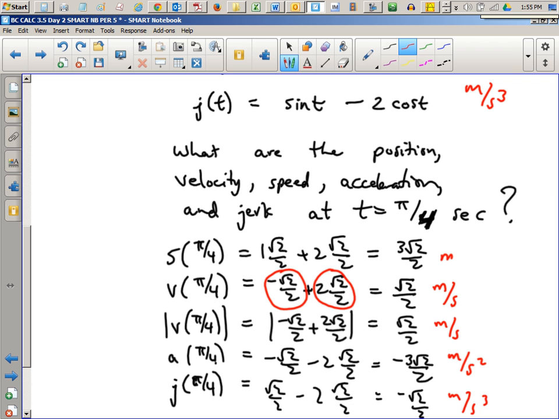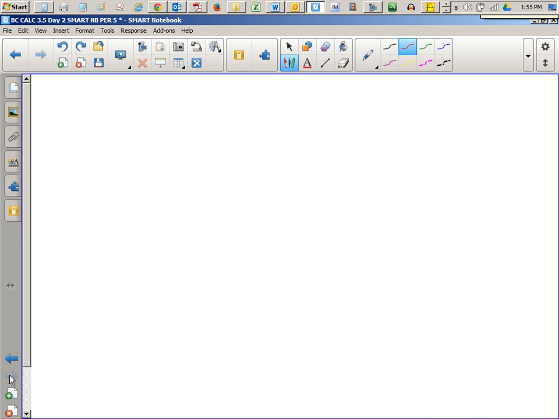And that concludes some of the essentials of 3.5. There is another topic in 3.5 about tangent lines, but I just want to remind you that the equation of a tangent line is always y equals f prime of a times x minus a plus f of a, regardless of the type of function we're dealing with, as long as it's differentiable at that point, a comma f of a.